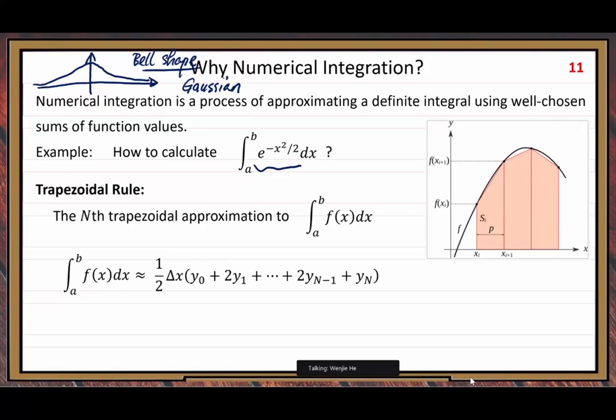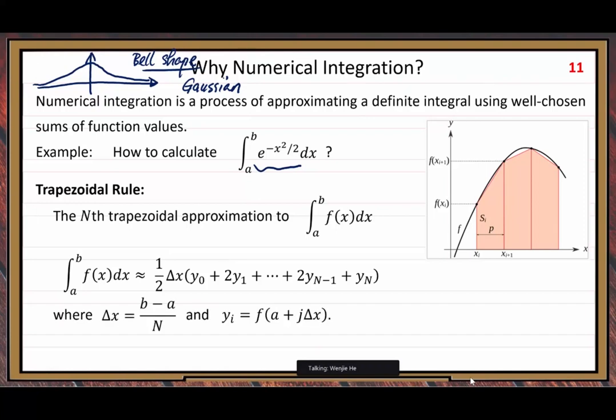You can use a program when you do the calculation, especially when the capital N value is relatively large. You don't want to calculate by hand, so people write a Python program with a for loop.